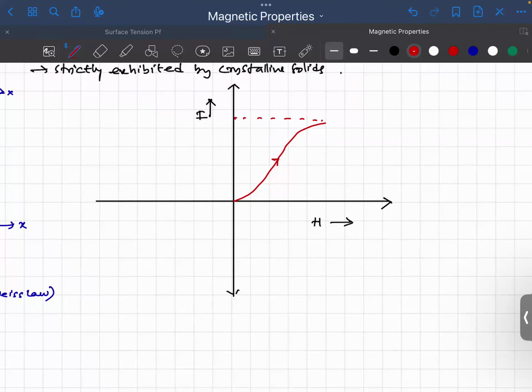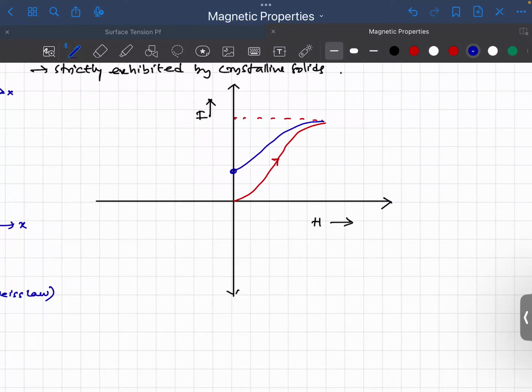Beyond this, whatever you raise, nothing happens. It is a brief introduction. Now if I am reducing the magnitude of this field, you know what will happen? It won't follow the same path. This lag is called hysteresis.